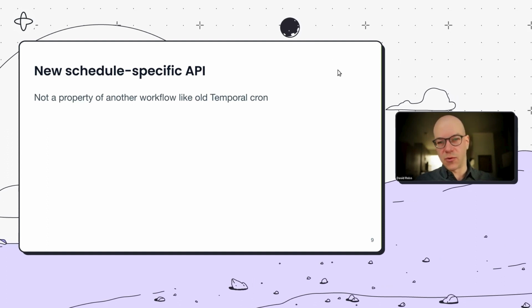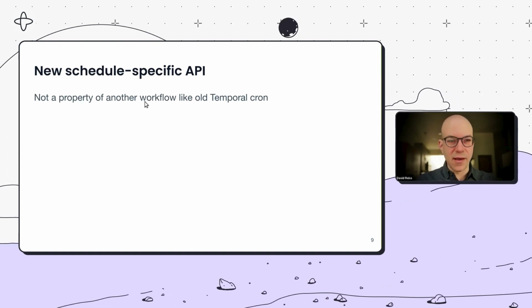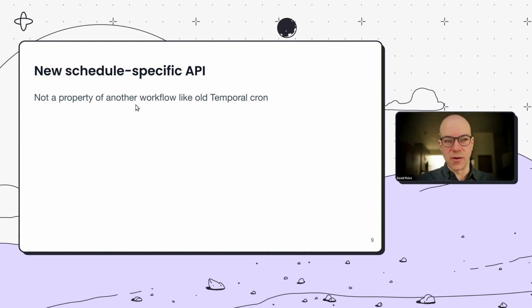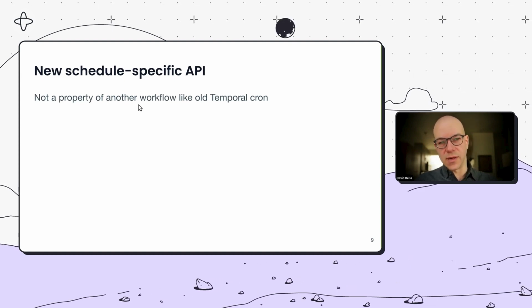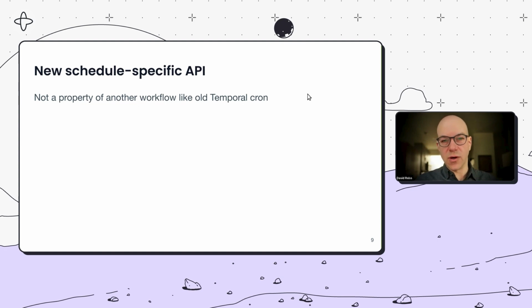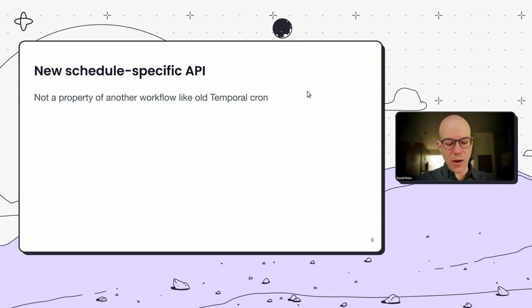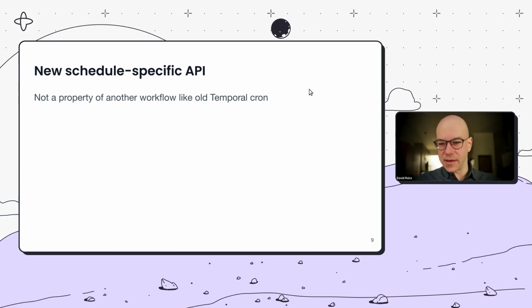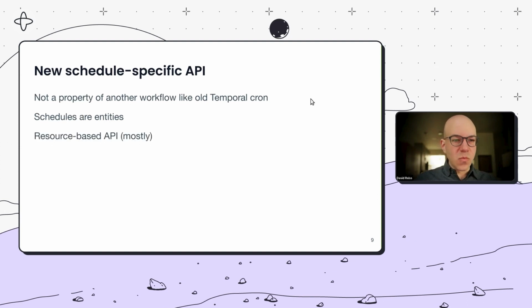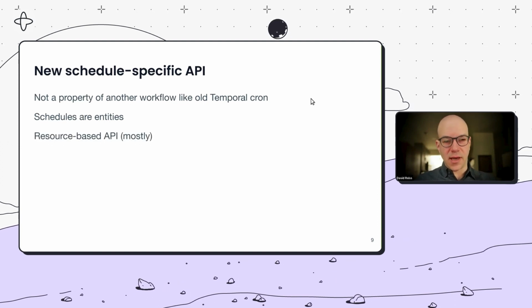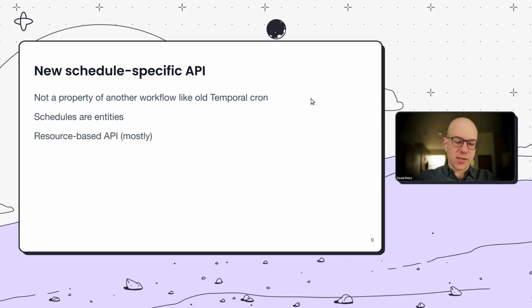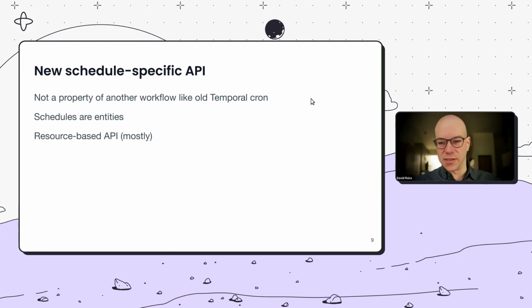There was an old Temporal cron feature. Some of you may have used that. The difference with what we did with schedules is that with old Temporal cron, a schedule is a property of a workflow. And now we've made schedules an independent entity. The API is mostly resource based, so it's familiar and easy to use.